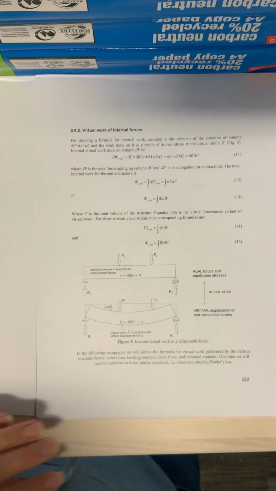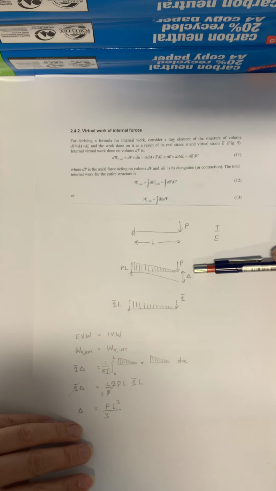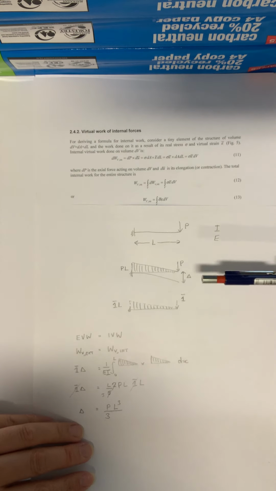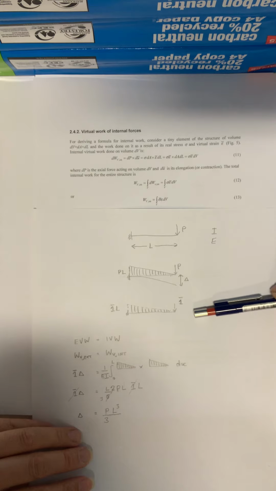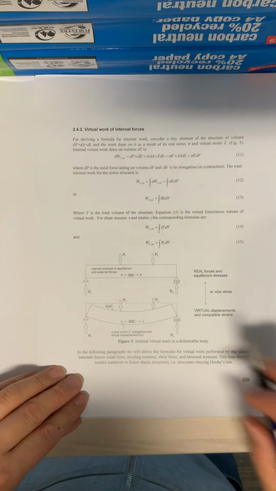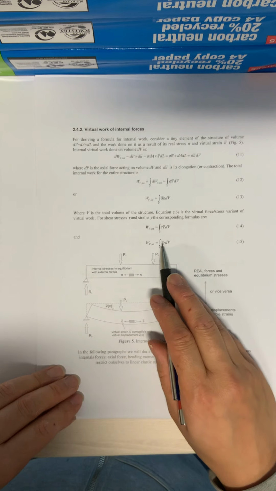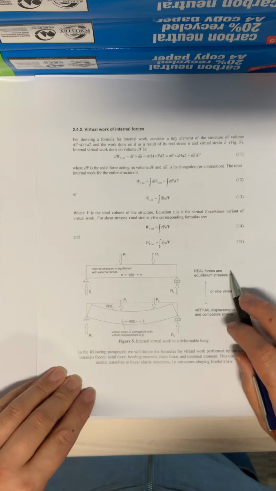Okay. So it's either going to be real stress multiplied by virtual strain, or virtual stress multiplied by real strain. So you can think of these two as being completely interchangeable in terms of working out the virtual work. So that takes care of the direct stresses. That takes care of the shear, which we can see there.